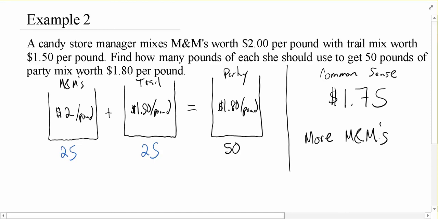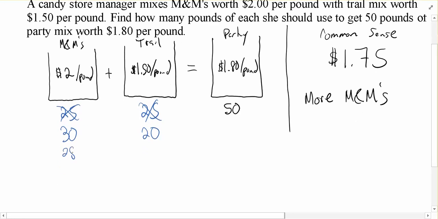So that's going to raise the price that we can charge if we include more of the expensive stuff. So instead of a 25-25 split, we're expecting a little more like maybe 30-20 or maybe like 28-22, something like that. We're expecting a little bit more of the M&Ms than we are of trail mix.